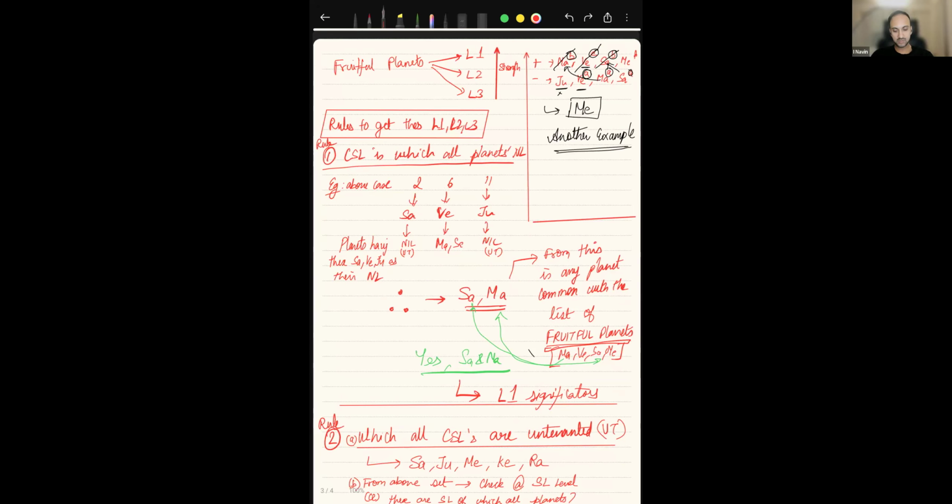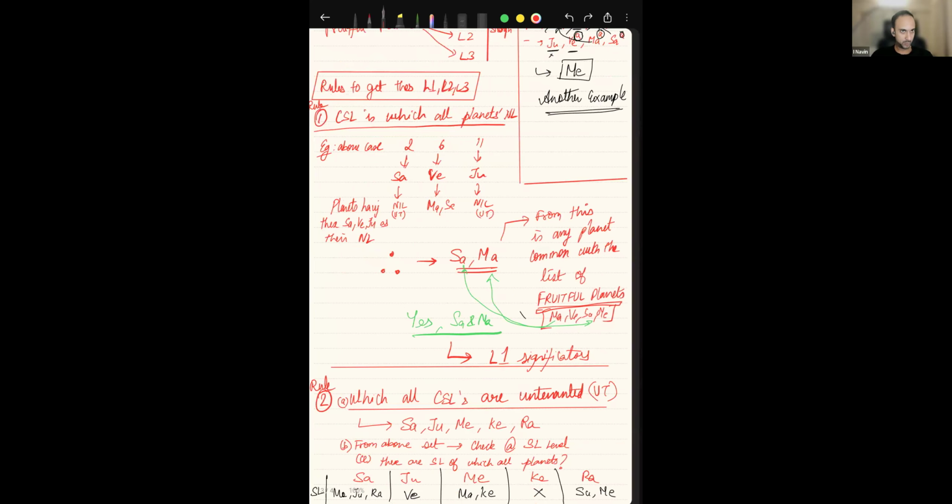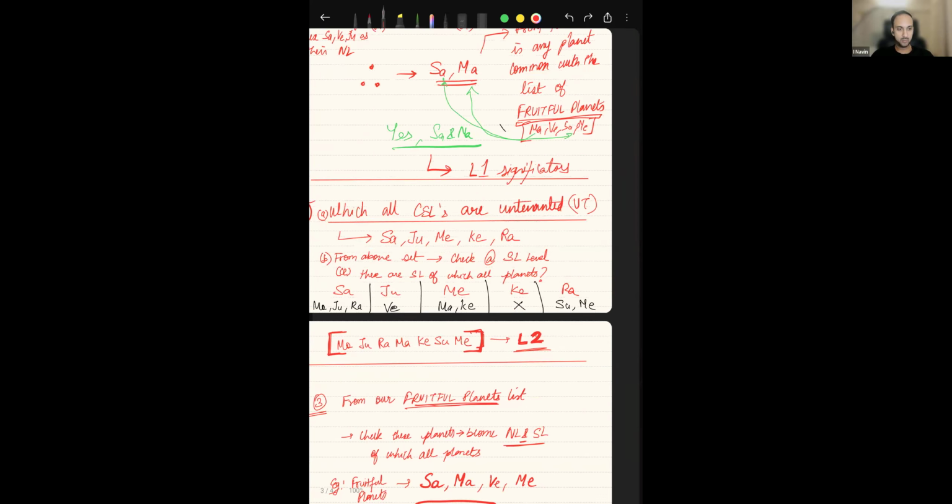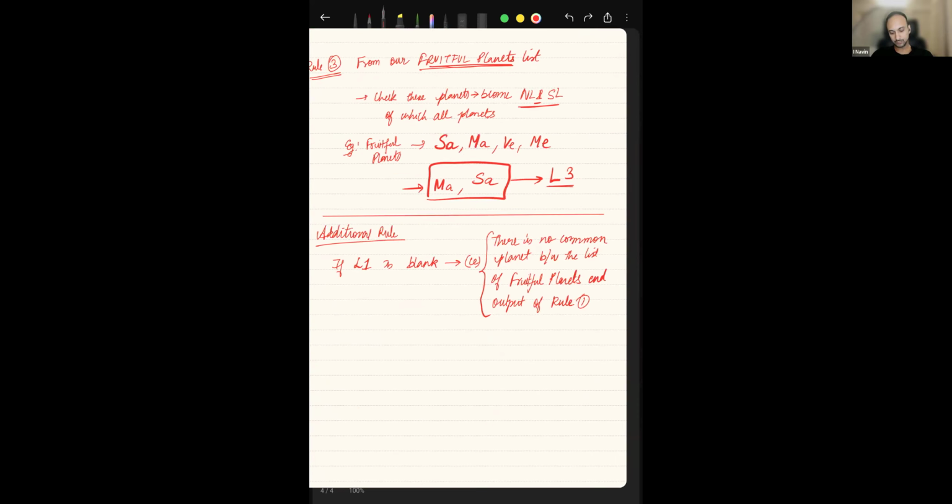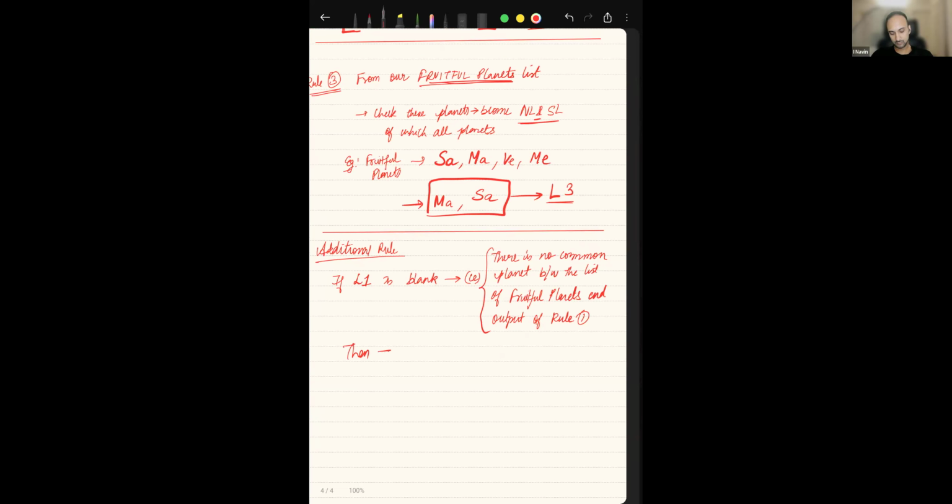So if suppose there is no common planet between these two, then what you can do is use the output of rule 1 as L1 significators. All right. Clear?